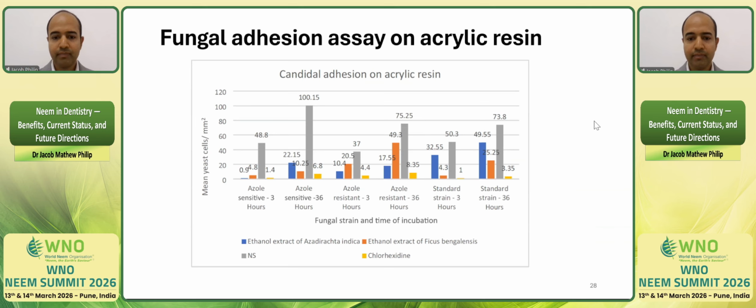You can also see from this diagram the yellow bars, which signify the mean yeast cells adhering to the denture which was pre-treated with chlorhexidine, the gold standard. Of course, chlorhexidine performed better, but we also see that the extract of neem leaf was also able to give a significant reduction in the adhesion to the denture base resin.